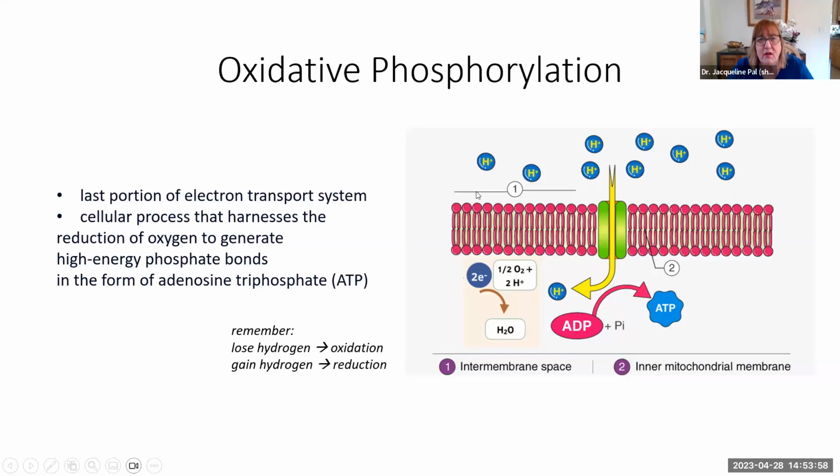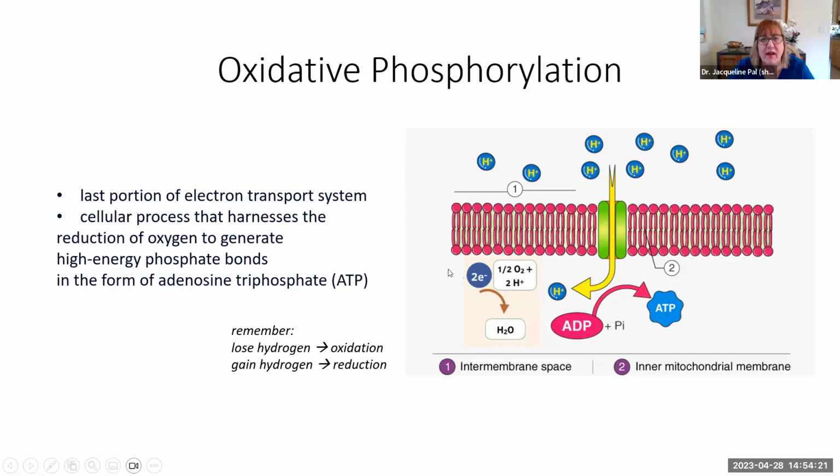So here is what's happening. We are bringing hydrogen across, and we are taking ADP and adding a phosphate to it. So we're phosphorylating it to make ATP. That's the phosphorylation part. Okay, and that is going to happen on the inner mitochondrial membrane.